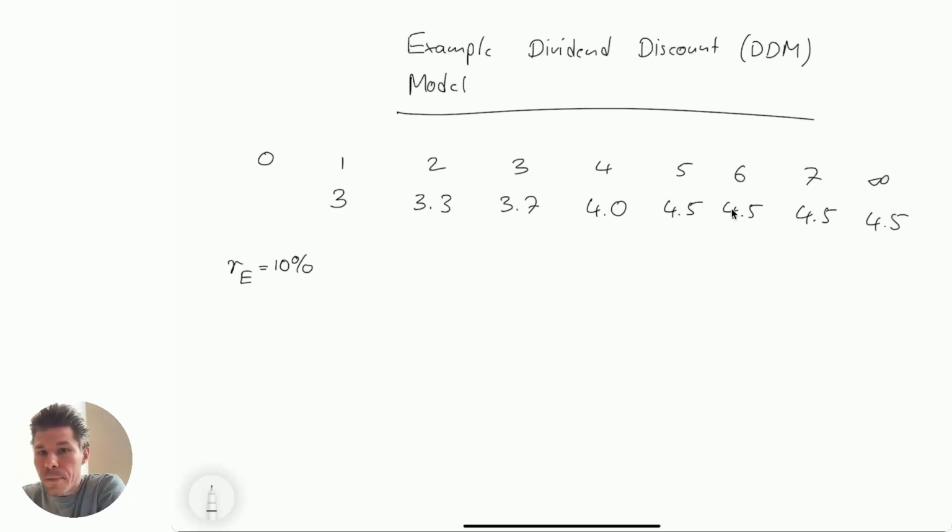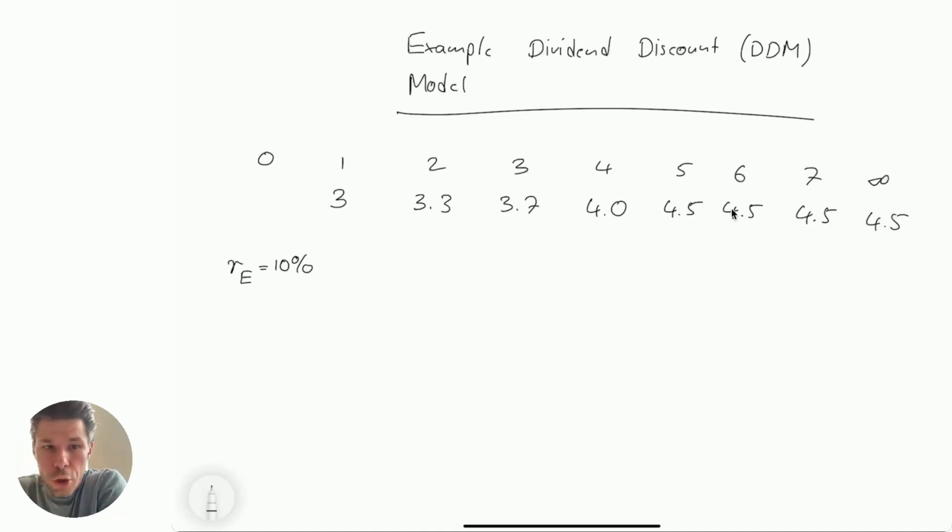So the idea here is we know the company pays dividends in each year. In year 1 it pays $3, in year 2 $3.3, in year 3 $3.7, in year 4 the company pays $4, and then the dividends remain stable indefinitely, until the end.